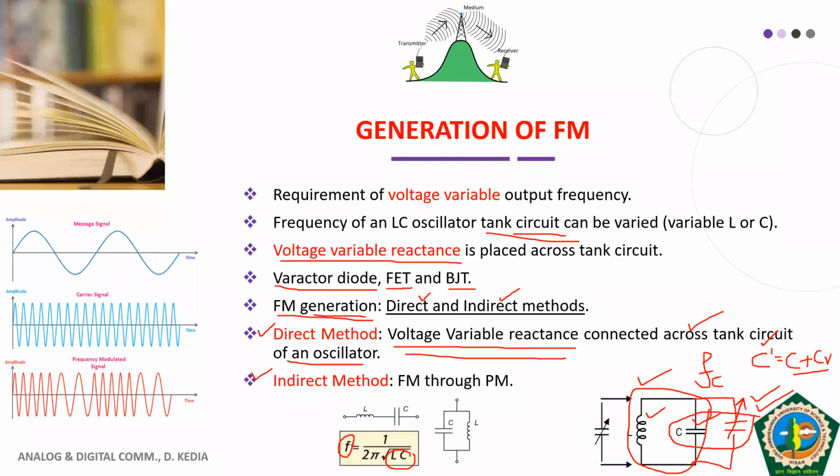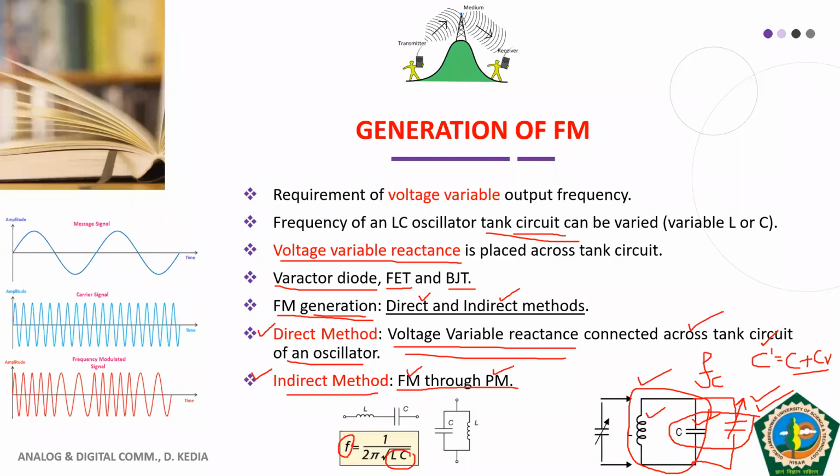And there is another category of method for generating an FM signal, and that category is indirect. In the indirect method, we generate a frequency modulated signal through a phase modulated signal. So we generate FM through PM. As we move to the indirect method in the later classes, you will be able to understand how we generate a frequency modulated signal through a phase modulated signal.